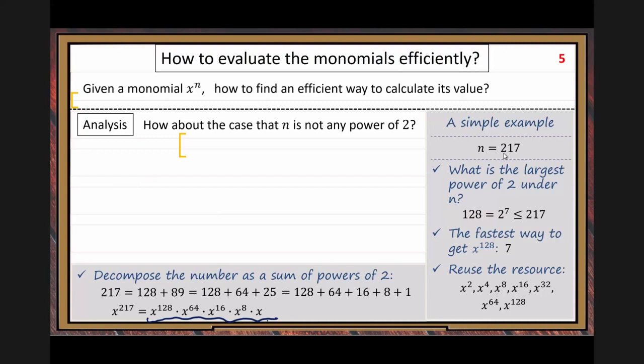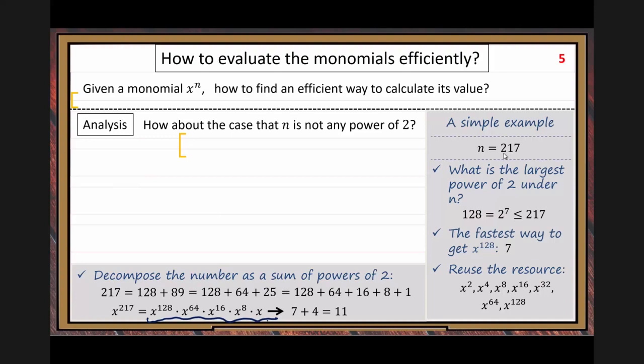After the first 7 multiplications for preparation, which we treat as the first round, we just need 4 more multiplications to get it. So the final result, 7 plus 4, is 11 multiplications. So to calculate x to the 217th, we need 11 multiplications. How about that?